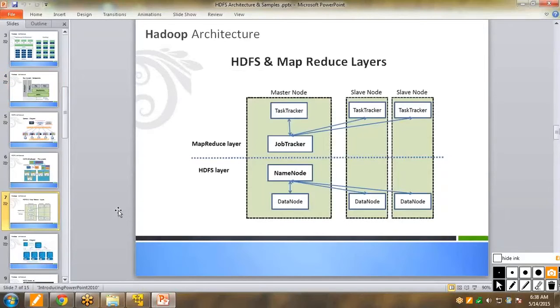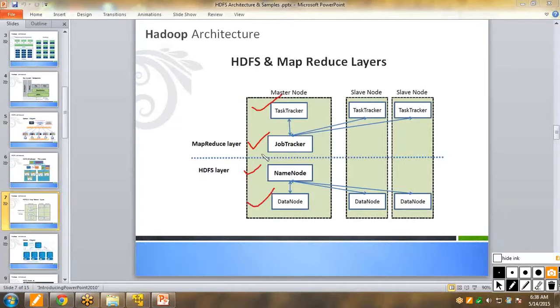Let us see the stack topology here. In MapReduce, predominantly we have two sets of daemons. One is the job tracker, the second one is the task tracker. Just like what we see in HDFS, there are predominantly two categories of daemons: the master daemon and the slave daemons.